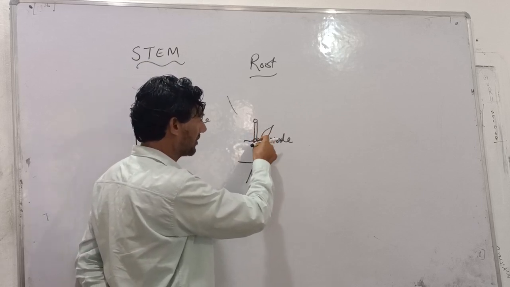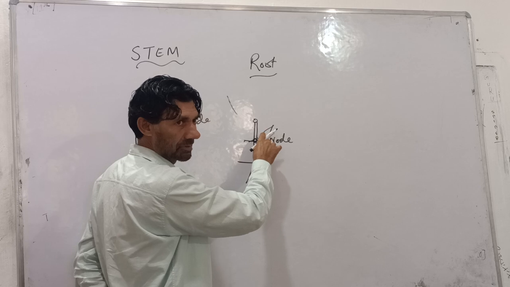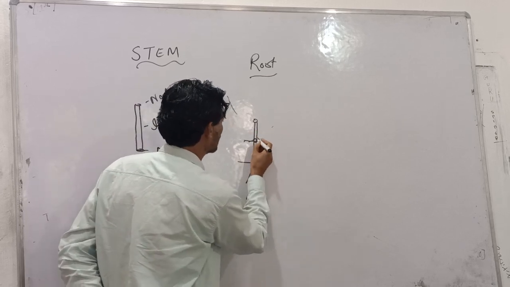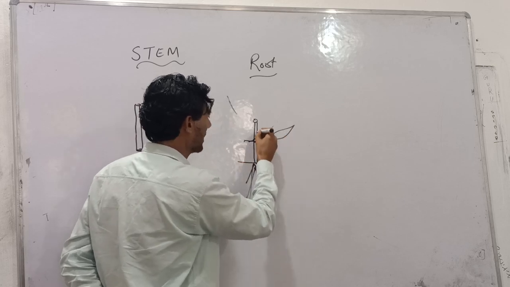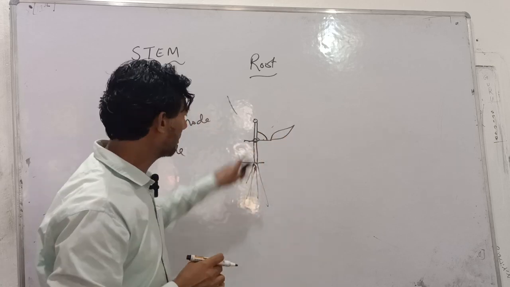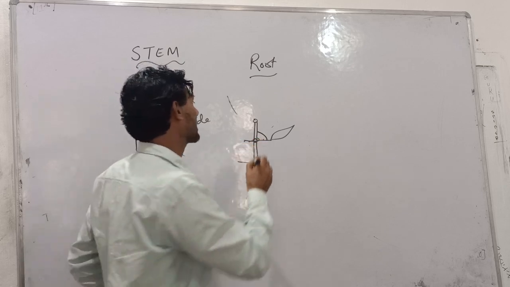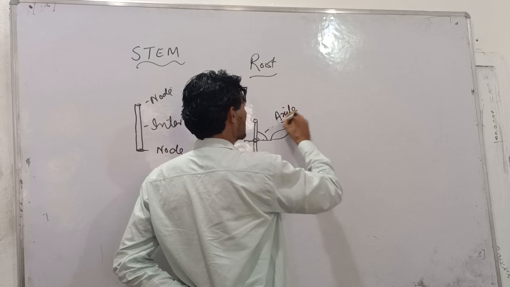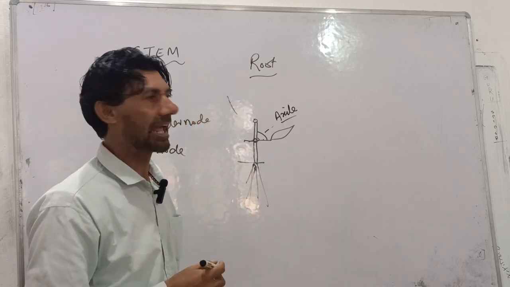Between this stem and this leaf there is an angle. That angle is called the axil, the axillary angle.